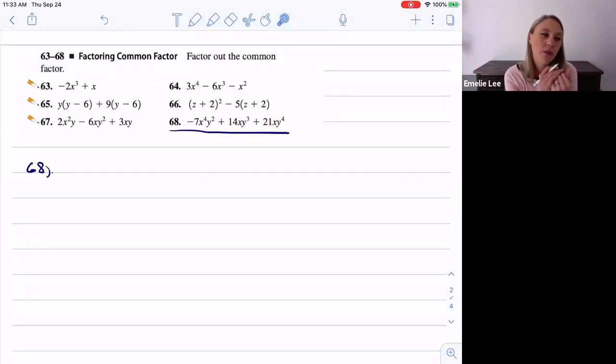We'll be able to pull out a common factor of 7. Each has an x to the power of 4, x to the power of 1, x to the power of 1. I should be able to pull out a common factor of just x to the power of 1. And then each has a y, so a y squared, y to the 3, y to the fourth. The lowest power of y is y squared, so I should be able to pull out a y squared.